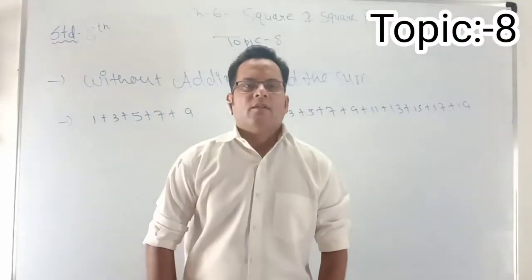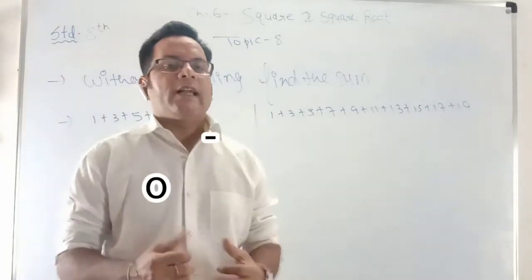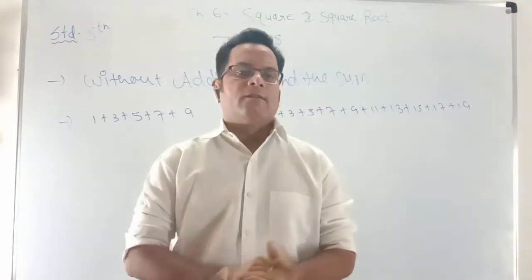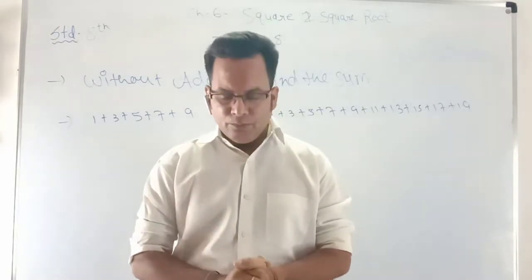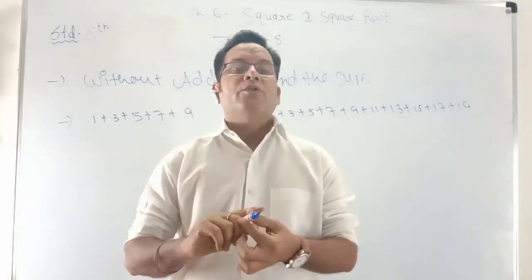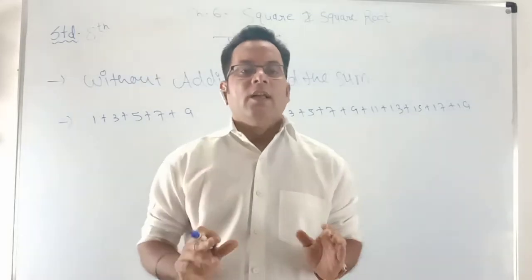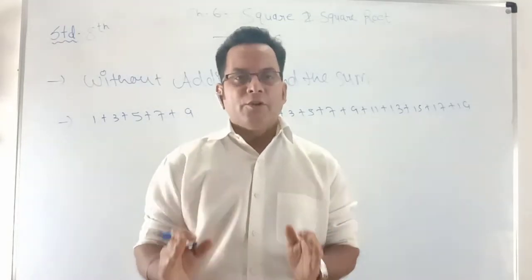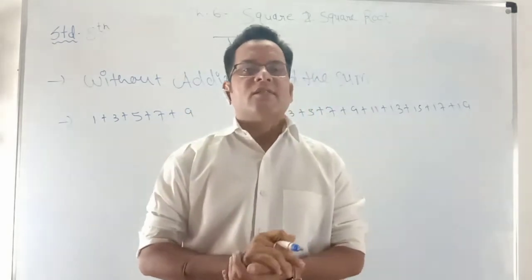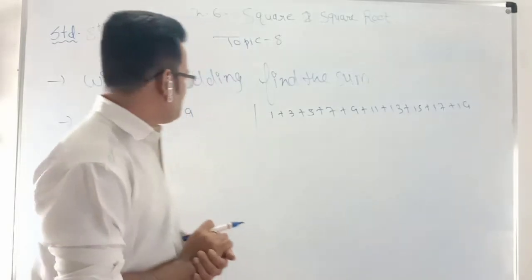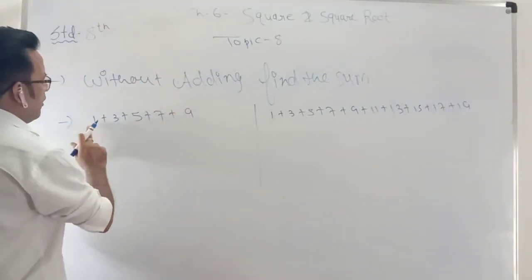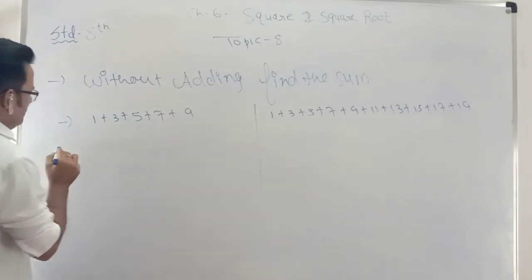Students, now we have topic 8, that is without adding. It means no need to make addition and find the sum, bring the answer. How to do? See, students, in this kind of sum, first of all you have to see how many numbers are given, and that you have to assume as n. Right? And then you have to make the square of it. See, 1 plus 3 plus 5 plus 7 plus 9. 1, 2, 3, 4, 5.